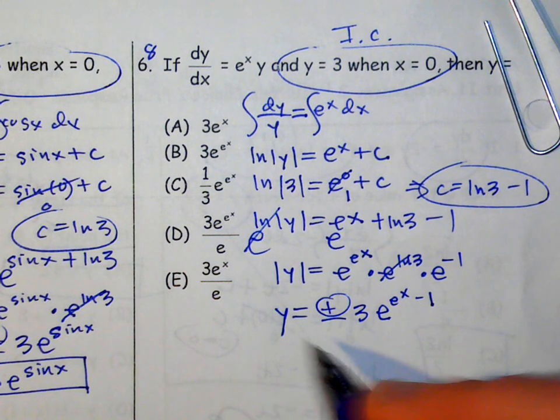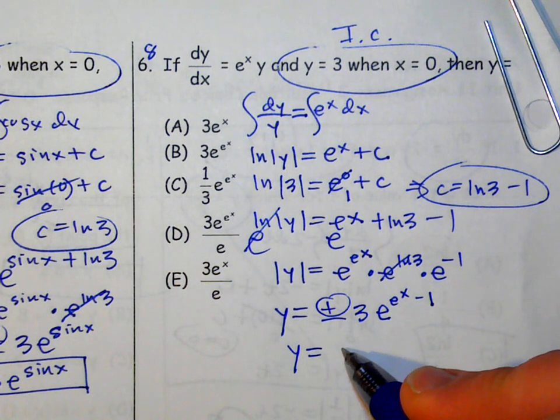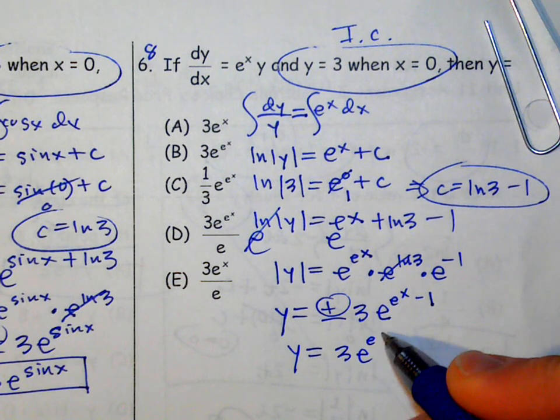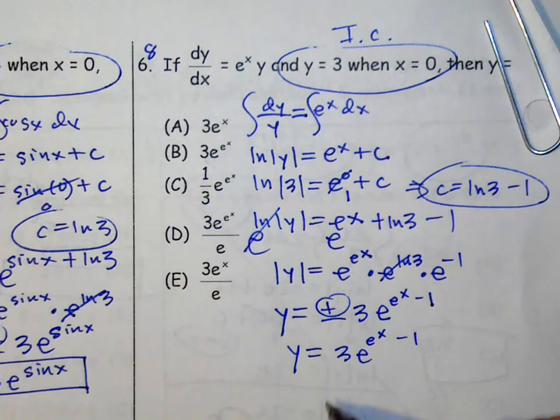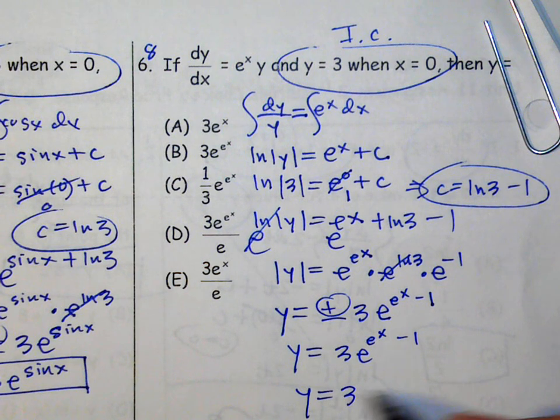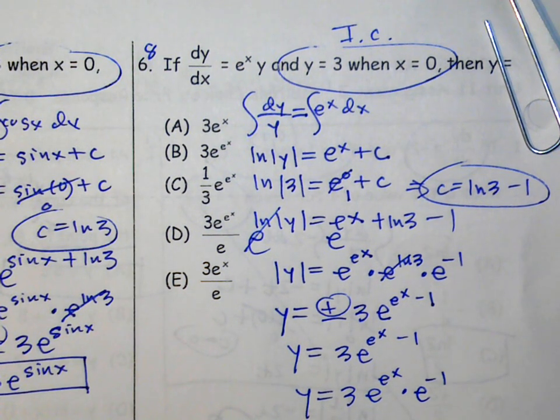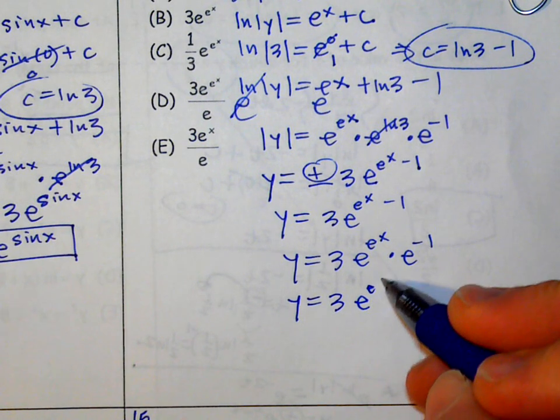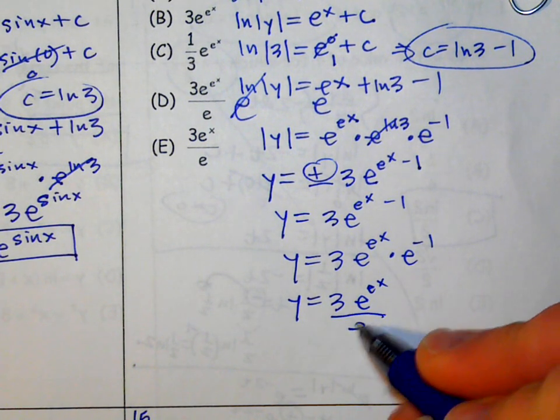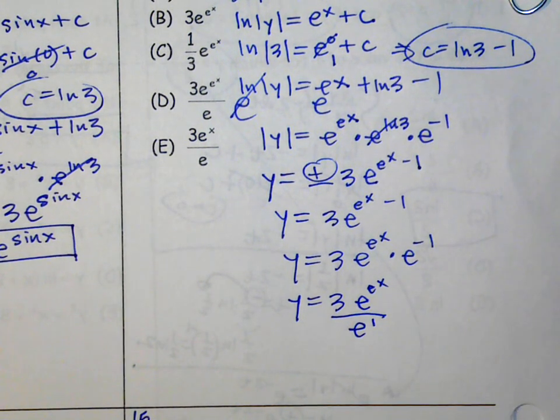I don't see that answer on my list. So then maybe I need to get creative and think about how I could change this. I could break this up. I already did, and then put it back together. Another way to write that would be 3 e to the x over e to the first power.